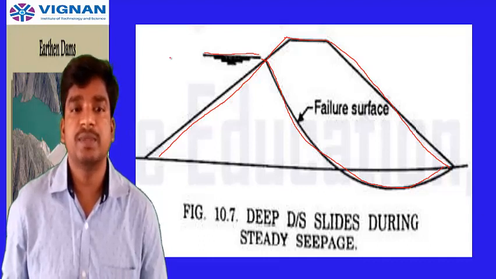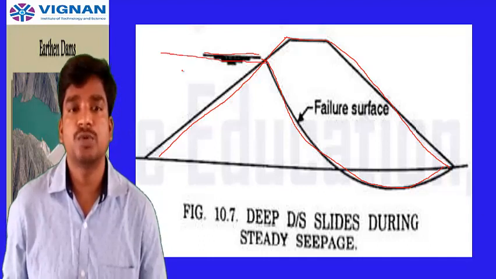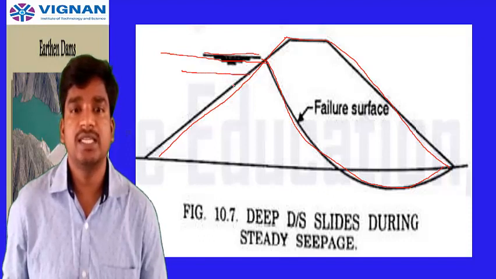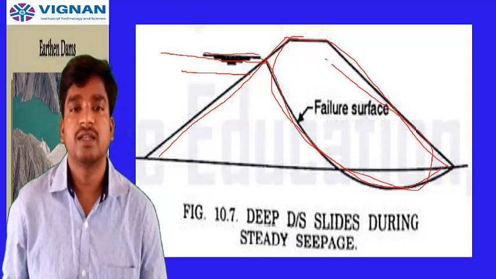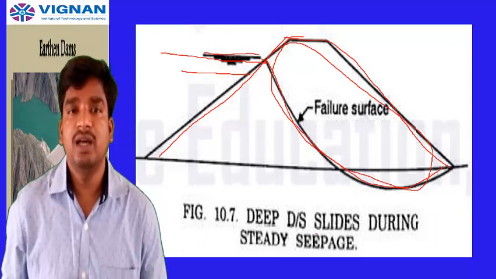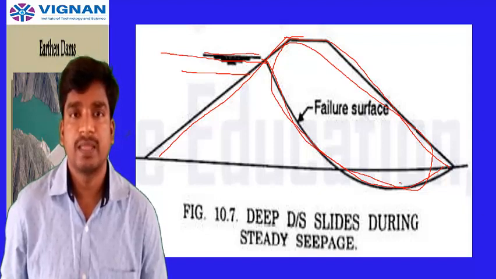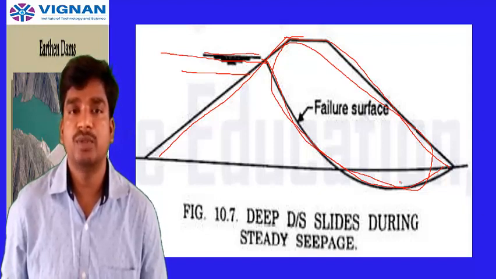The constant seepage is there from upstream side to downstream side, and this portion will slide in this direction. This is an example of deep sliding during the constant or steady seepage from upstream side to downstream side. It may be through the body of the dam or through the foundation of the dam.